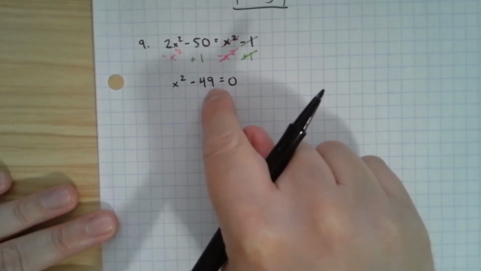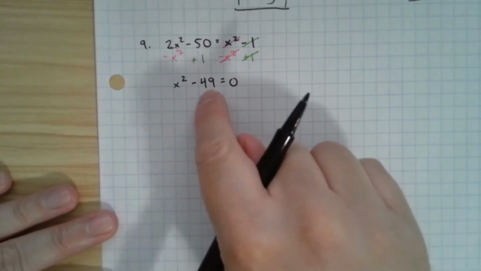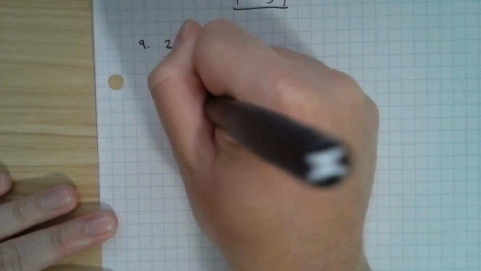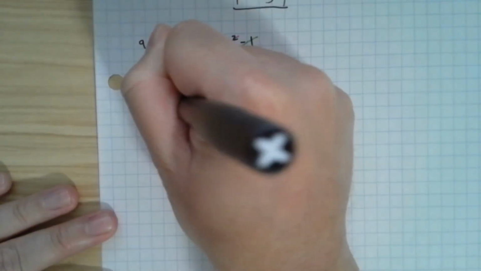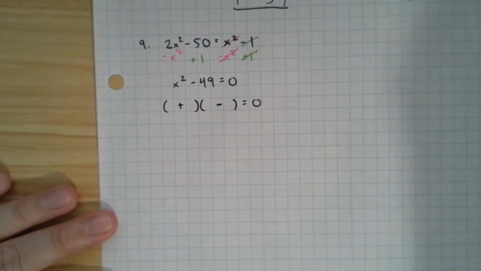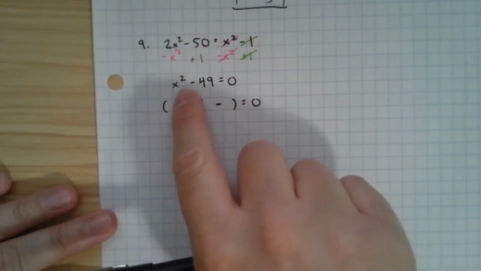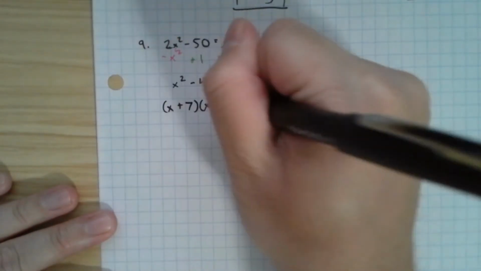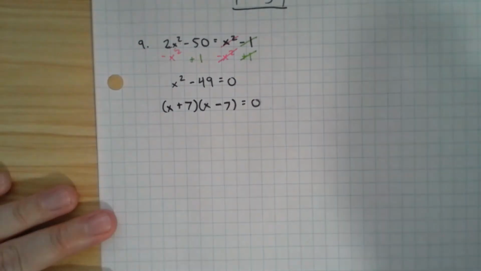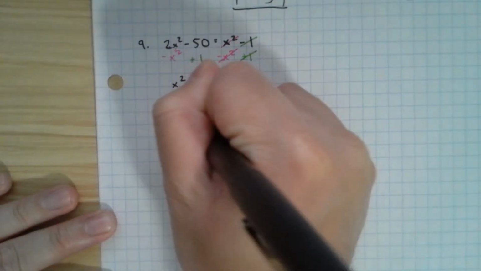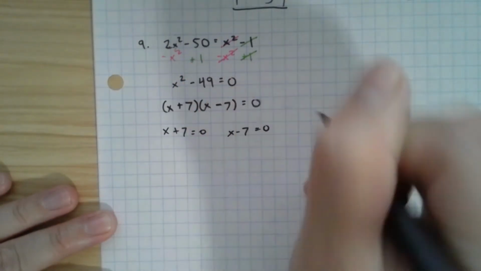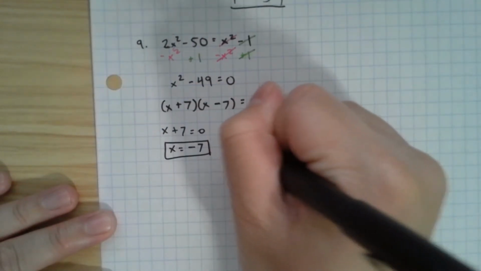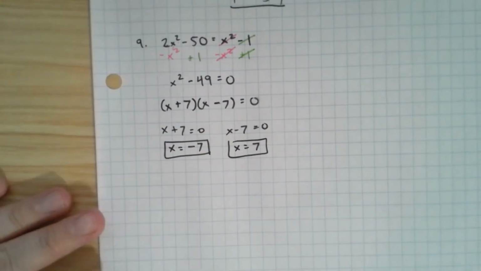Notice he doesn't have an x, you are subtracting, and yes, 49 is a perfect square. x squared is a perfect square. So this right here is actually just a difference of squares. Plus minus, square root of x squared, x and x, square root of 49, 7 and 7. Set each of those equal to 0. You get negative 7 and positive 7.